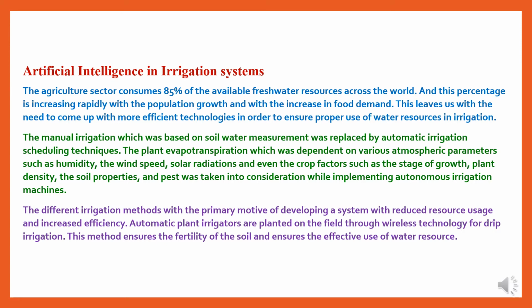The different irrigation methods had the primary motive of developing a system with reduced resource usage and increased efficiency. Automatic plant irrigators are planted on the field through wireless technology for drip irrigation. This method ensures the fertility of the soil and ensures the effective use of water resources.